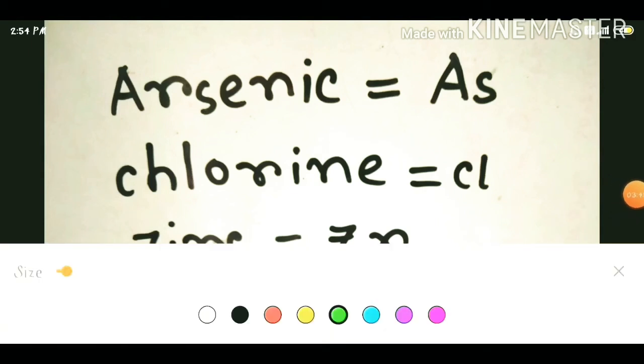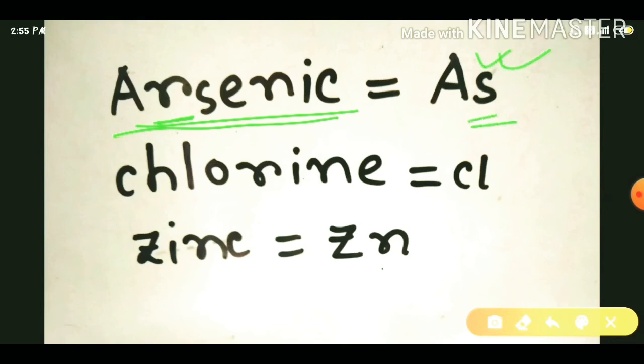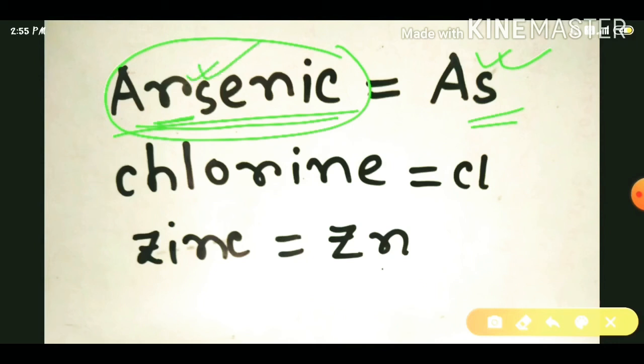We not only take the second letter which is immediately next in the name, we can also take the second letter from anywhere in the name, like we represent arsenic as As. This s does not come right next, right?